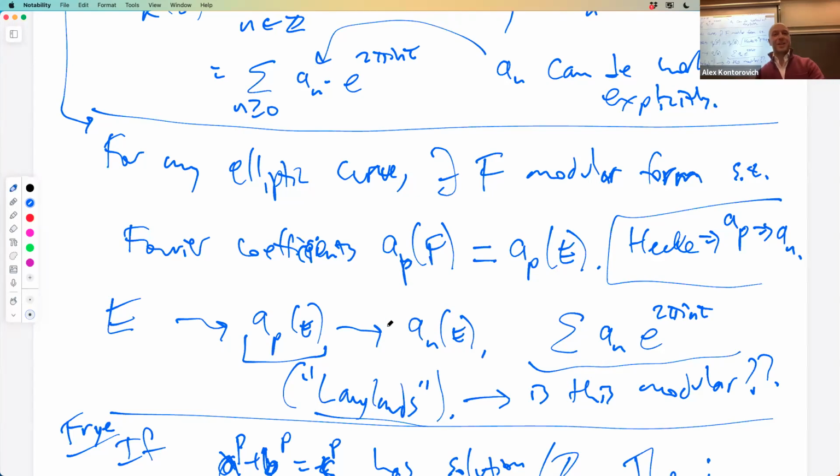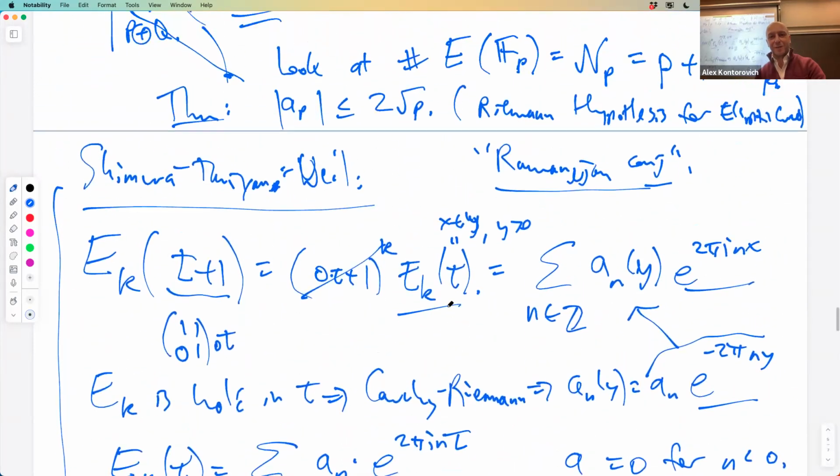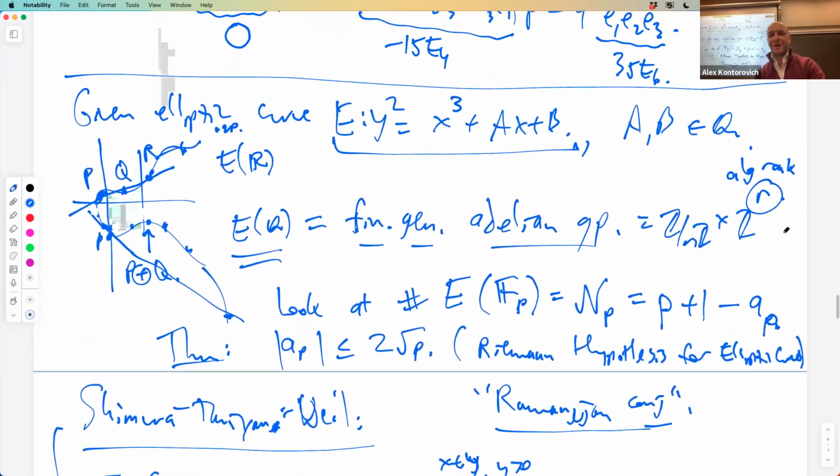So the Hasse principle completely fails, but these a_p's, which are local coefficients, they're only measuring the elliptic curve mod p. There's something called an L function, which we can't get into, but that L function may or may not vanish at the center of its critical strip. This L function is an analog of the Riemann zeta function. It has a functional equation.